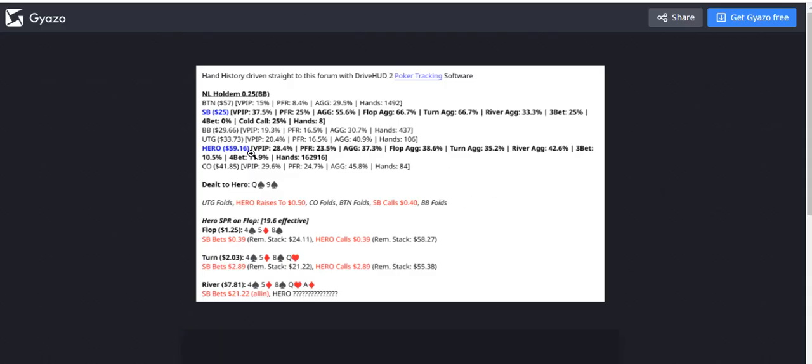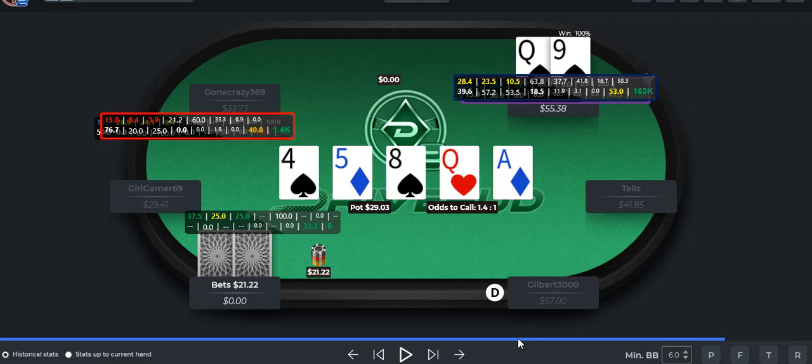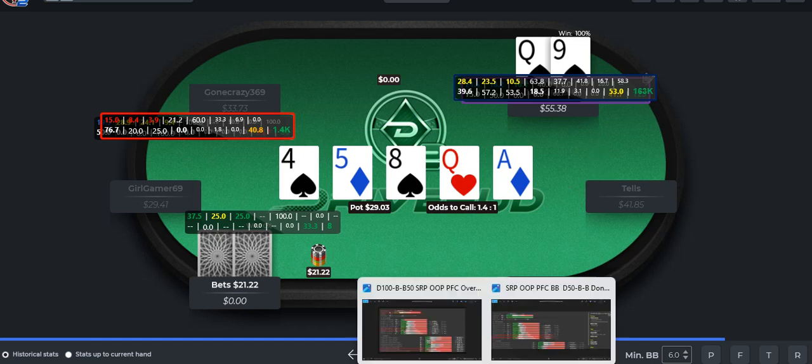But what do we know about fish? Like I said, I think this person is a fish because of his VPIP PFR gap. Well, we have to think. Let's look at MDA for the donk bet line. Now I don't have donk 33, but I'm going to look at donk 100 first.